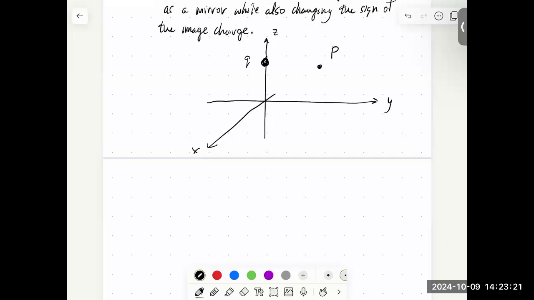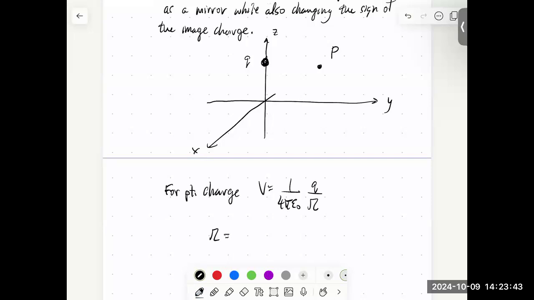For a point charge, V is 1/4πε0 times Q over this script R. So our only job is to find this script R.